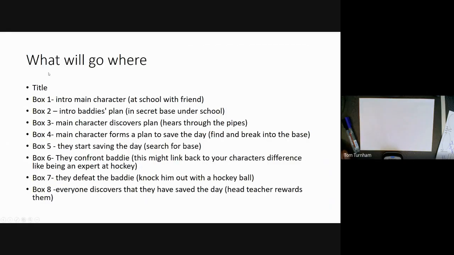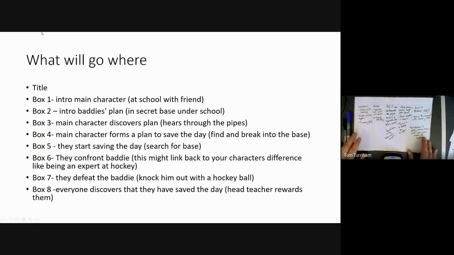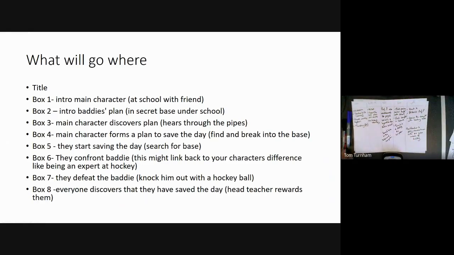And what I need to do is think about what is going to go into each box. What am I going to talk about from my story mountain in each box? Well, I know that my first box was my title. That's going to be the title of my story. In my story, box 1 is going to be introducing my main character. So that's talking about them being in the classroom, the teacher being boring, and they're working together.